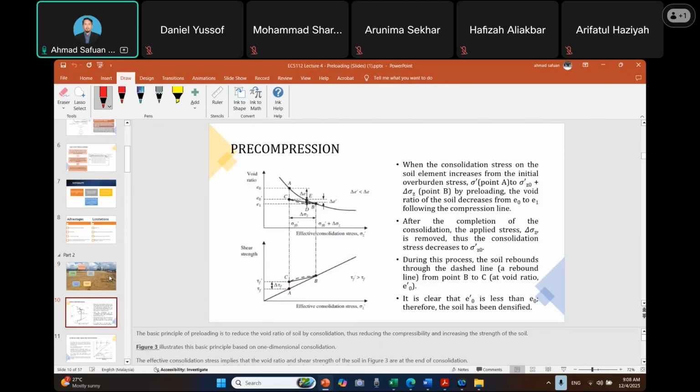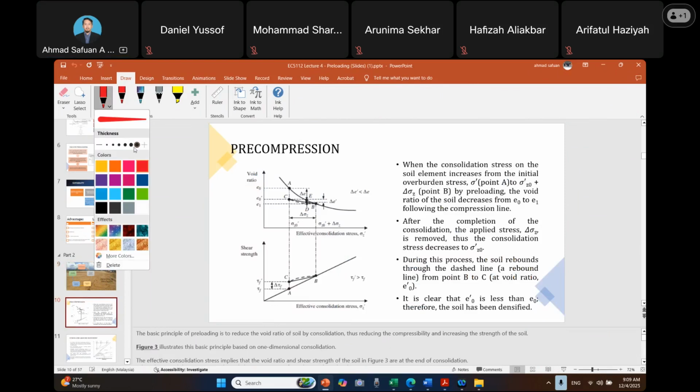This is an example explaining the relationship between void ratio and effective consolidation stress. Once we decrease the void ratio, it simultaneously increases the shear strength of the material.